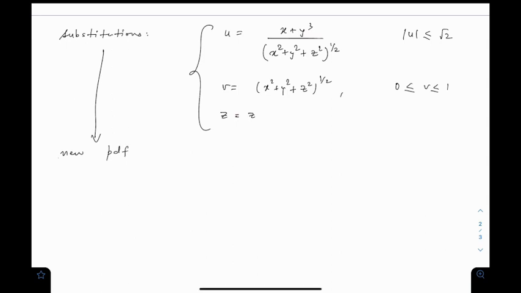Let's call it g prime of u, v, z. So we can write g prime of u, v, z given theta equals v over pi times 1 plus u theta, times basically the Jacobian for the transformation.